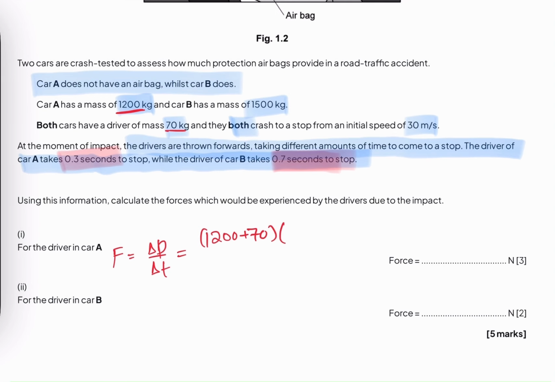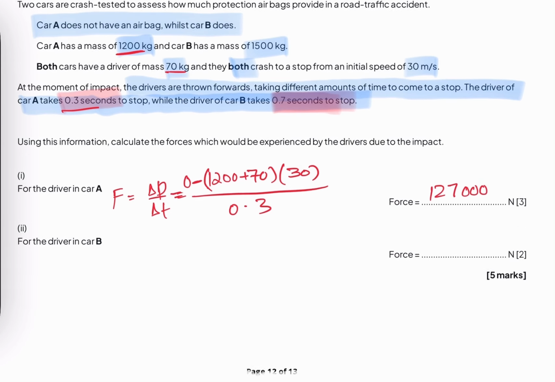Velocity was initially 30 for both, and the final momentum is 0. It's 0 minus this, because change in momentum is basically final momentum minus initial momentum, divided by the time for car A, which is 0.3. You get the answer 127,000 newtons.